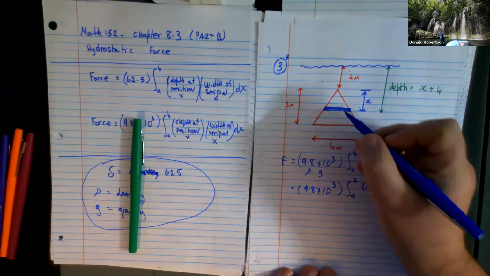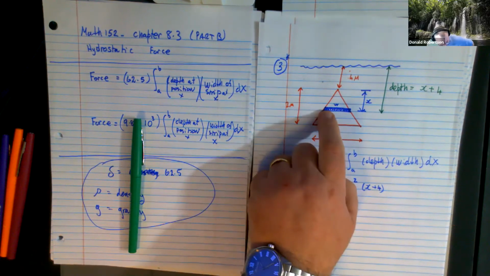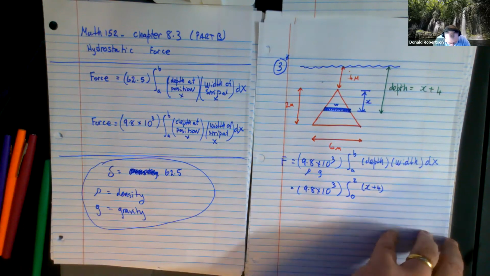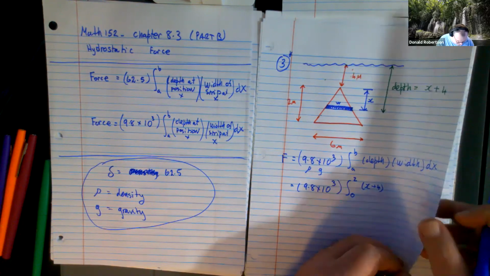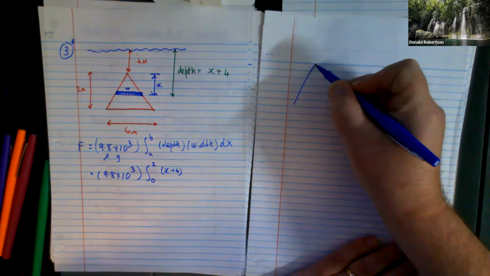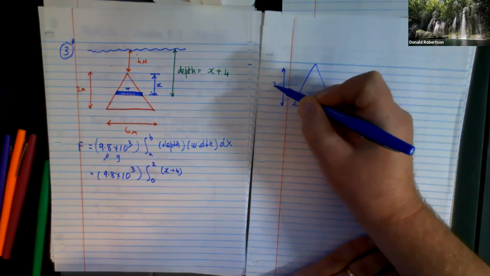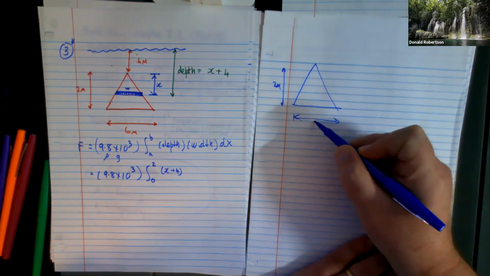Now we need the width. See that little guy there? We need the width. So I am going to do similar triangles again. And we got a big triangle, which is 2 meters by 6 meters.